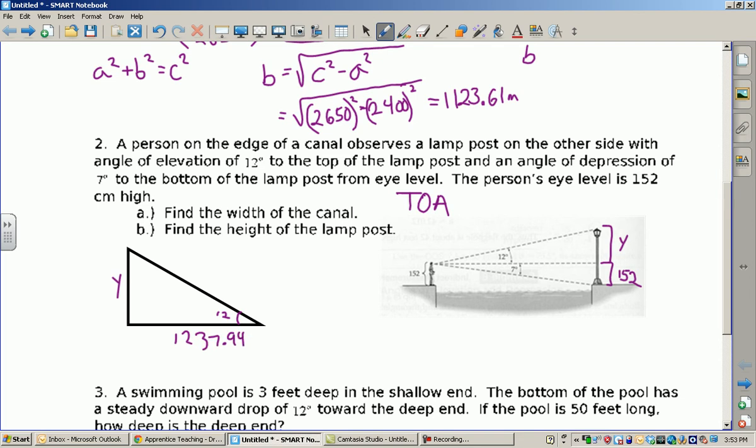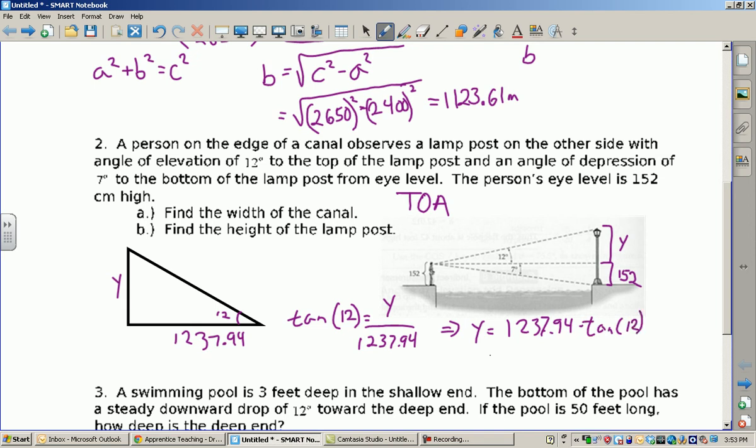1,237.94 centimeters away. So I can use tangent again: the tangent of 12 degrees is equal to y over 1,237.94, and once I solve for y, I get y is equal to 1,237.94 times the tangent of 12.